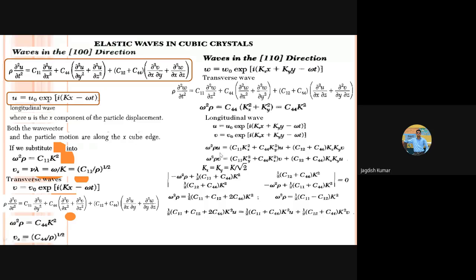This is u multiplied by this, and this is nothing but the whole right hand side plus some rearrangement of things. This is half C11, C12, 2C24, K square. This is fine.